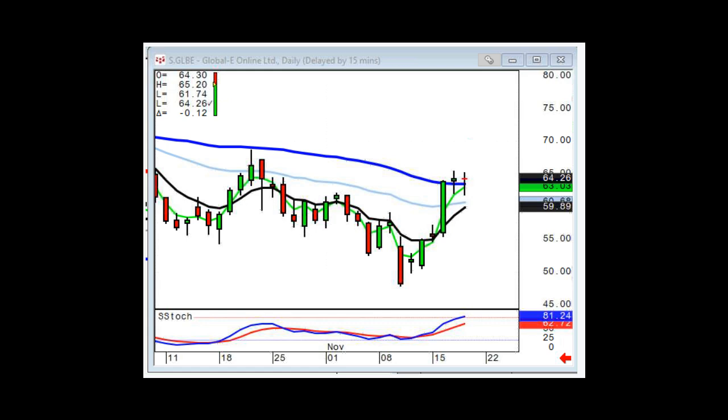Okay, I'm going back. How many days moving average between? Oh, between, meaning this gray, that's the 34 exponential.